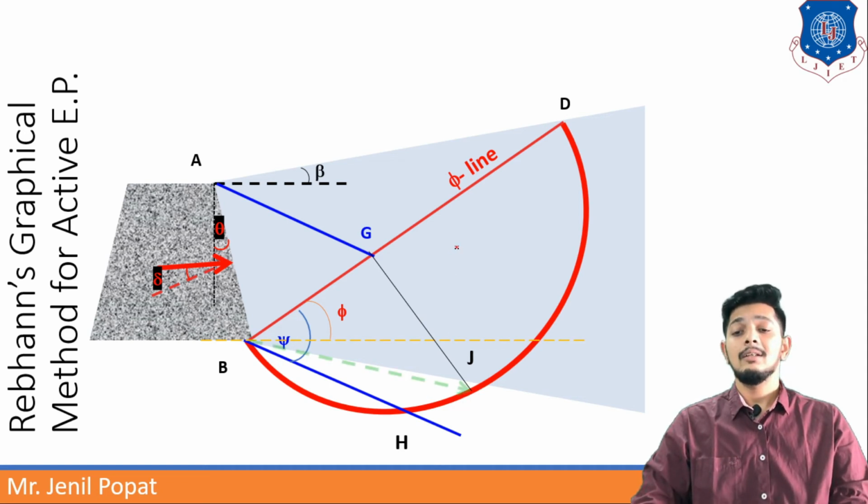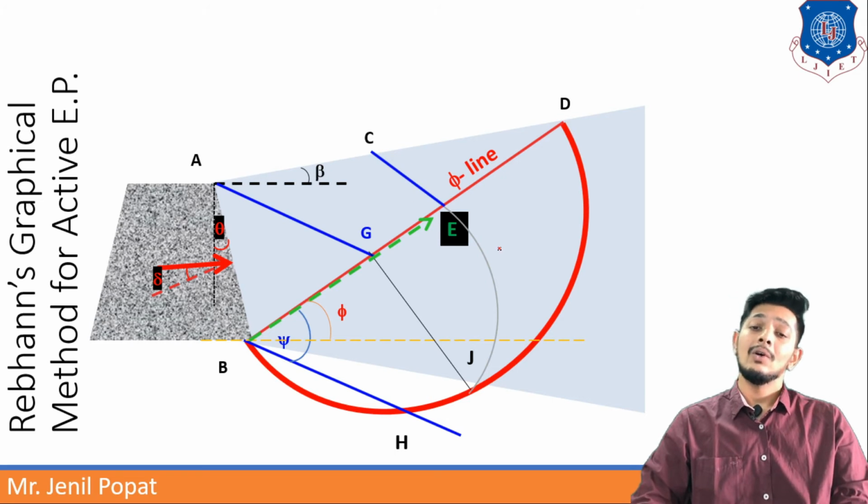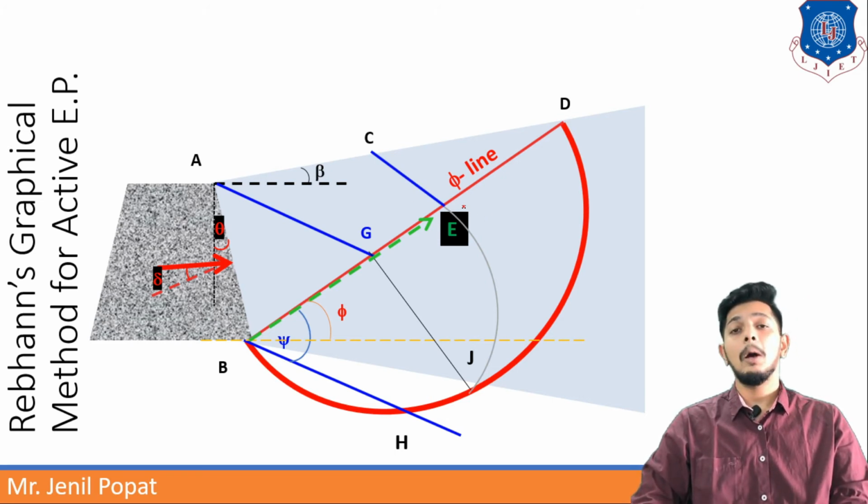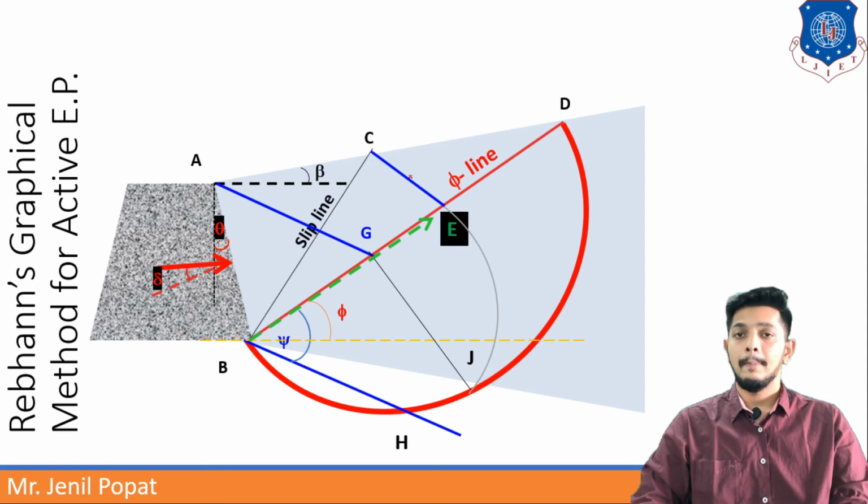Now I will take BJ as a radius and draw an arc to the phi line, and this arc will meet at a point noted as E. Now from point E, I will draw a line parallel to AG, to the ground line, and the point will be named C, and EC is drawn.